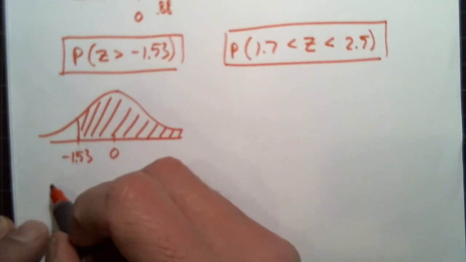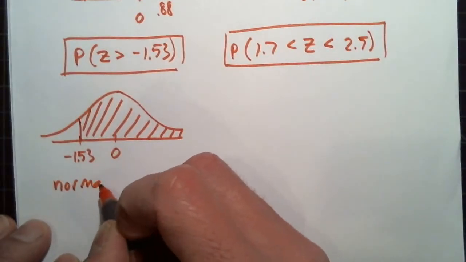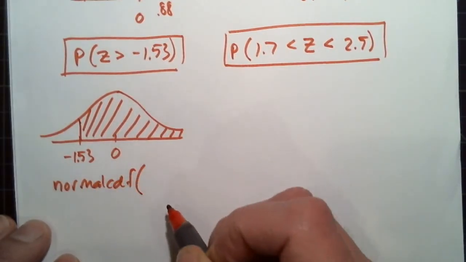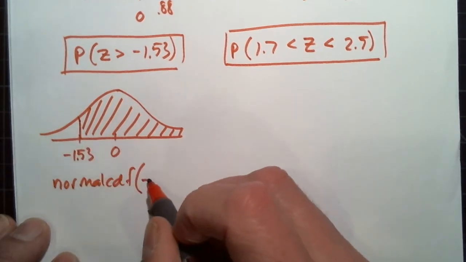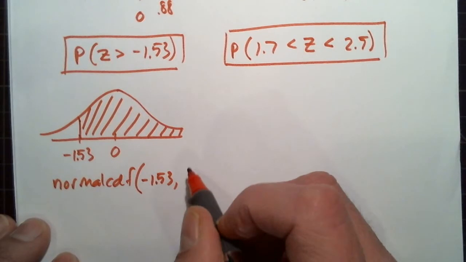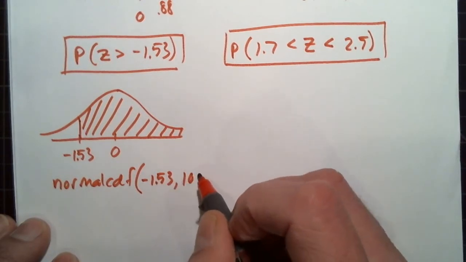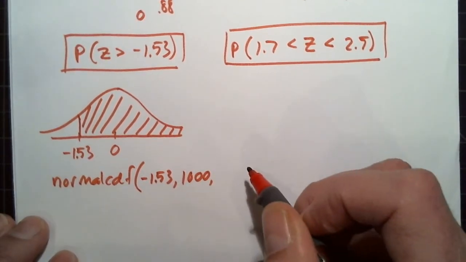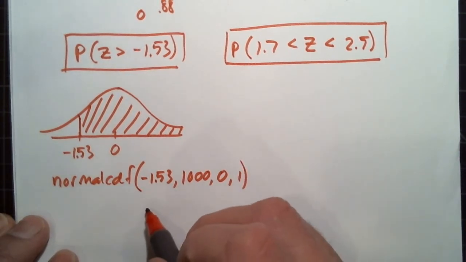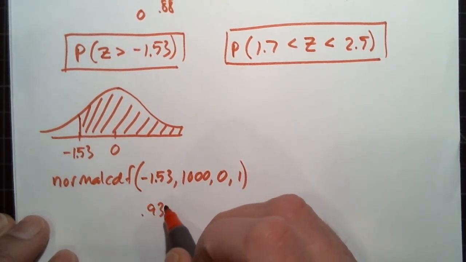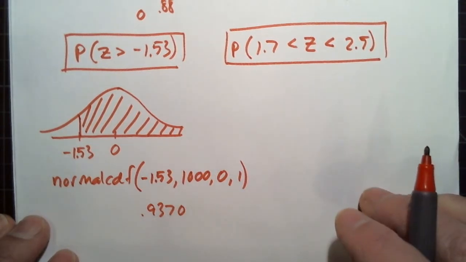And then on the calculator, normal CDF, we need the lower bound, negative 1.53. Upper bound, you could just choose 1,000. Mean 0, standard deviation of 1, and we should get 0.9370.